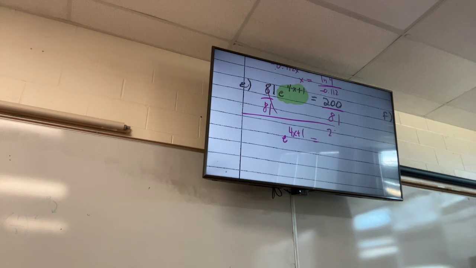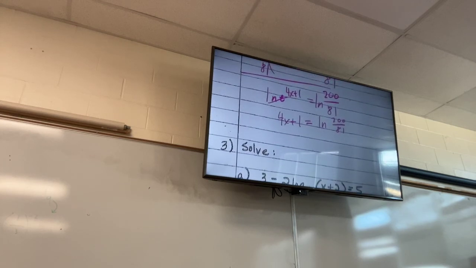That's already in simplest form. How do we break the 4x plus 1 out? Take the log base e of both sides. So we get 4x plus 1 equals ln of 200 over 81. Then we just have to solve for x.